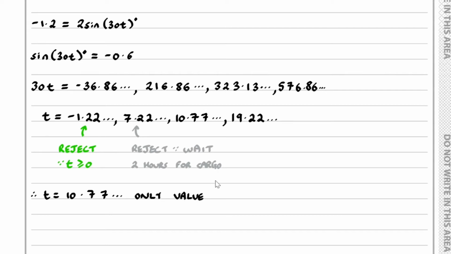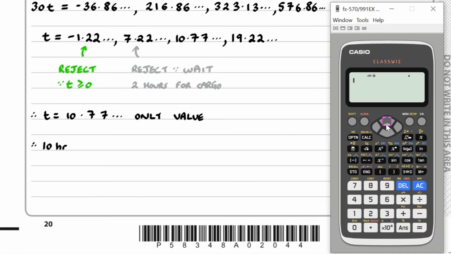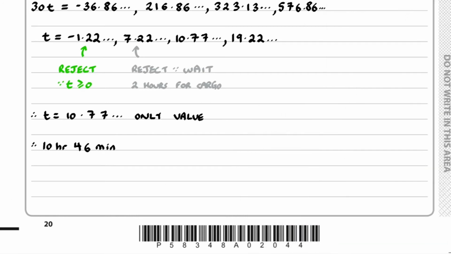Now the question did specify for us to leave our answer to the nearest minute, and so here we'd have 10 hours, and if I subtract 10 from this and then times by 60, it turns out to the nearest minute we have 46 minutes, so we've got 10 hours, 46 minutes.